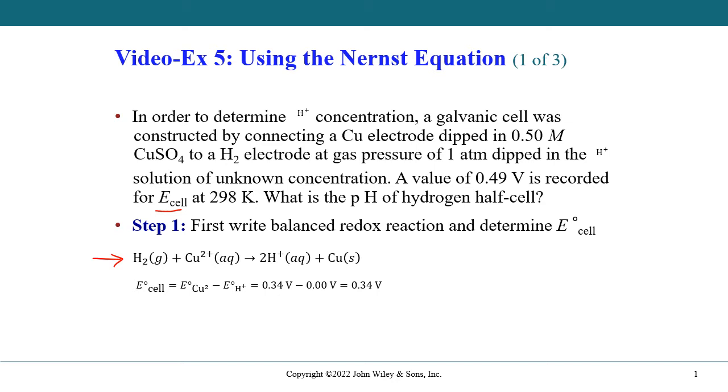If we look up these values, the E for hydrogen is equal to 0. Remember, it's the standard value, and the E for the copper is 0.34 volts. You need to look that up in your standard reduction tables. All right, so we can calculate the E cell standard values from this method here.